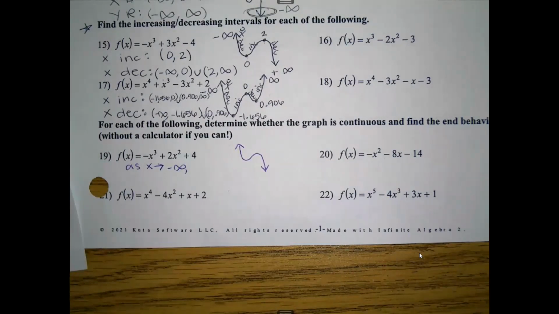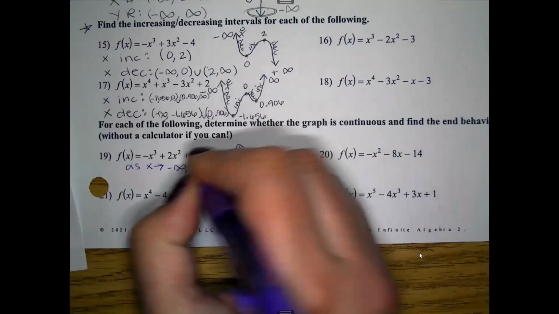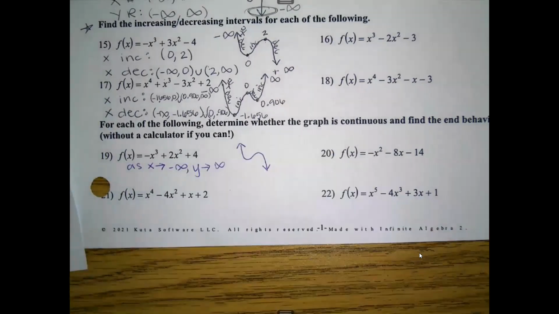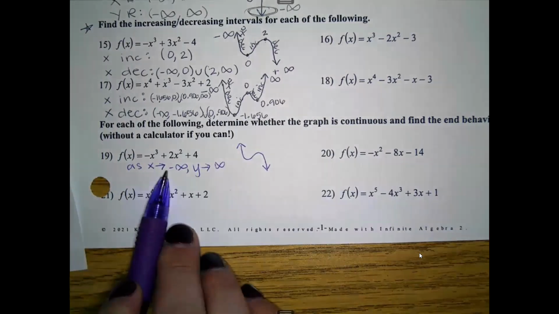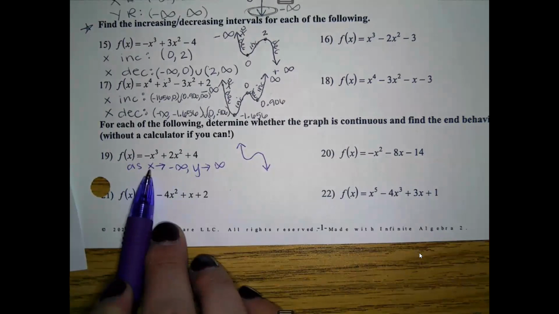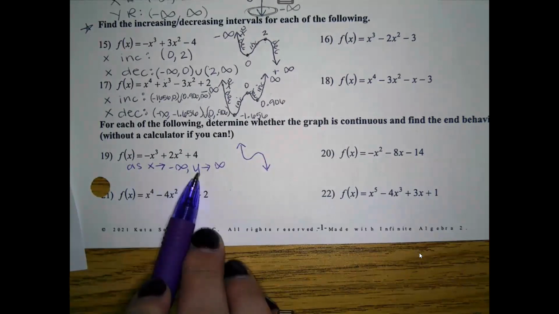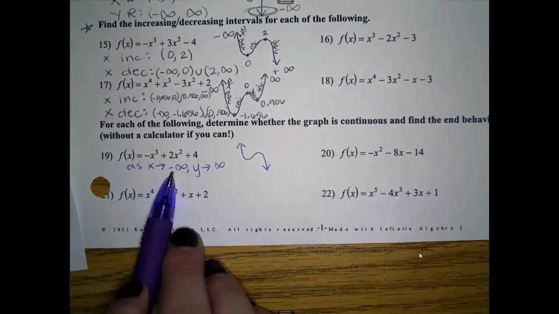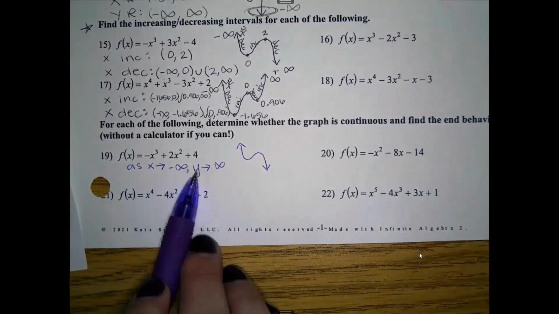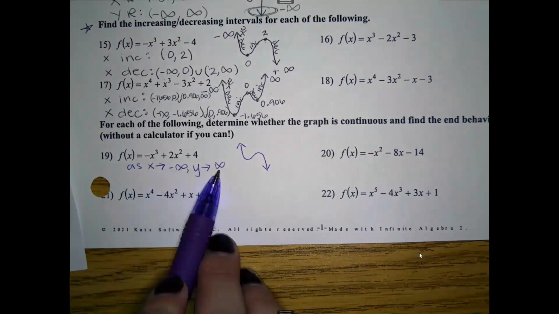Positive, because positive is up, negative would be down. So we're going to say Y goes positive because Y goes up. So the left arrow is up. X is left or right, Y is up or down. So X is negative, Y is positive. Left is up. The left arrow goes up.